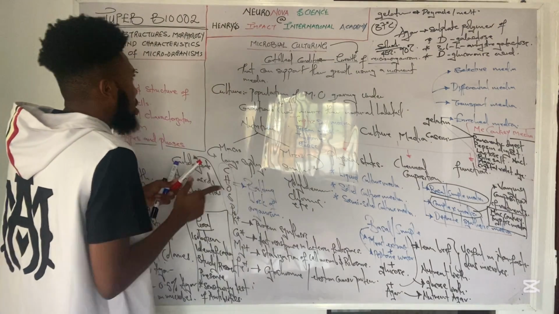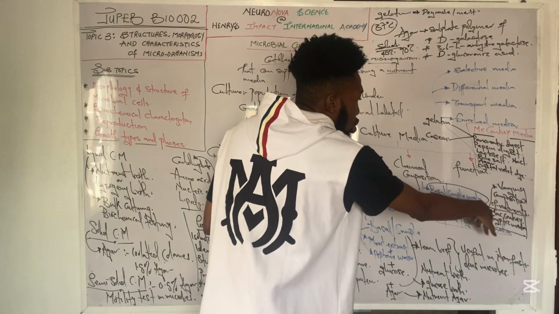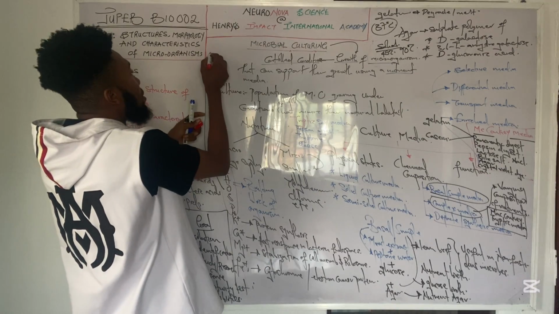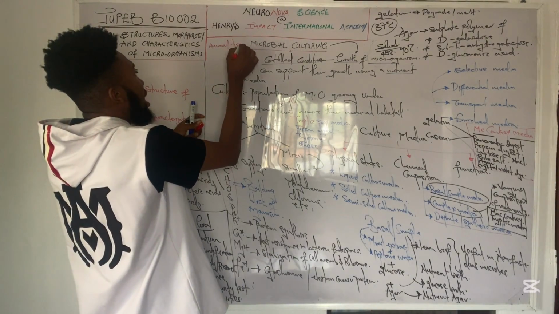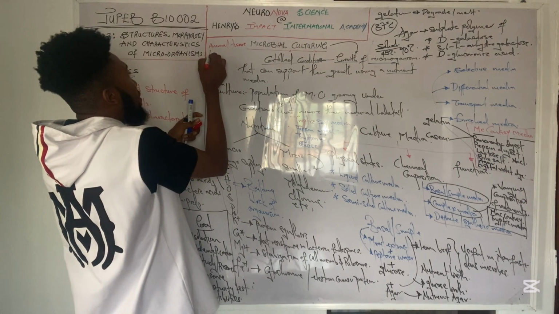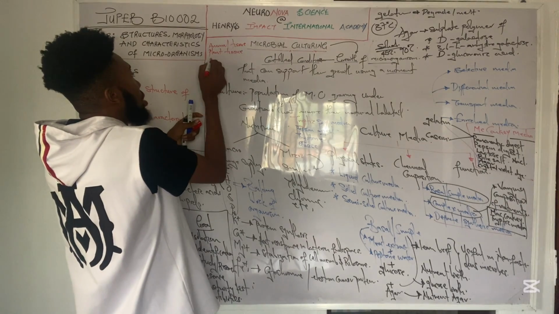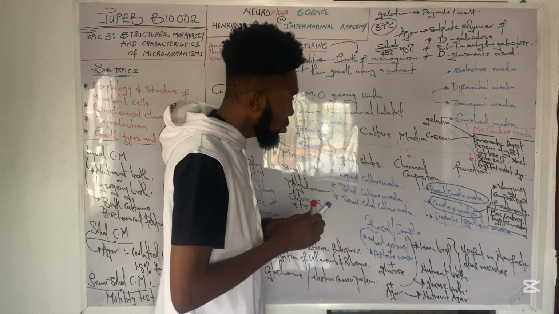What are the 3 major sources you can get those nutrients from in complex media? You either find them in extract of animal tissues, extract from plant tissues, and you can also find them extracted from yeast.